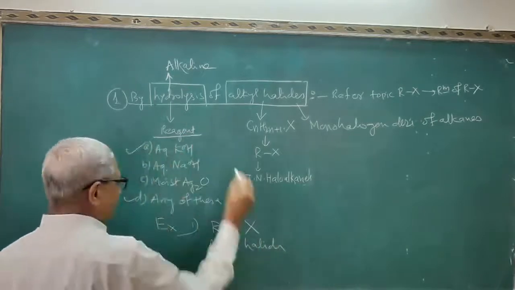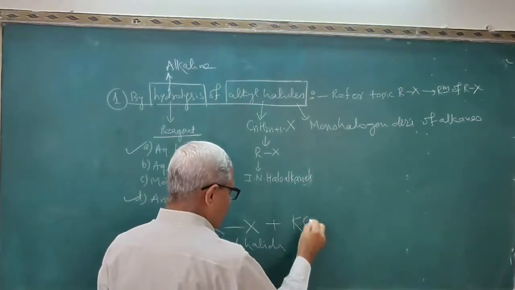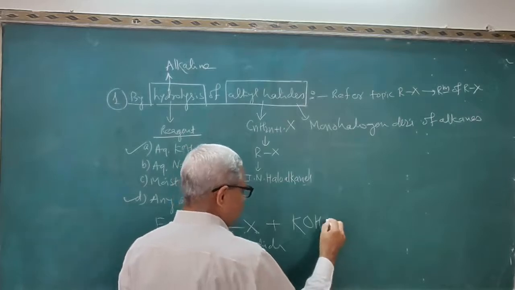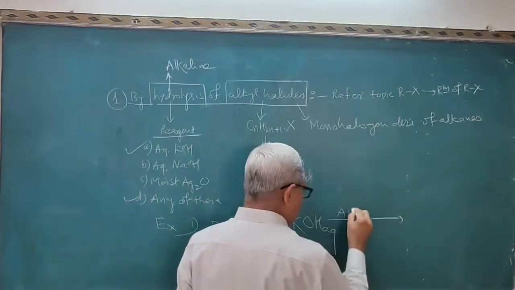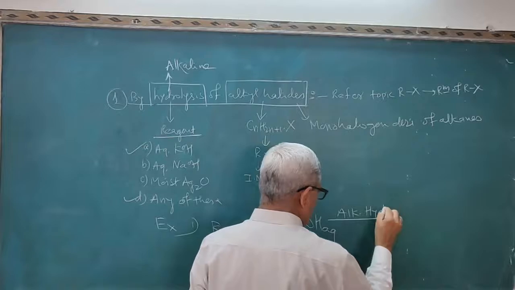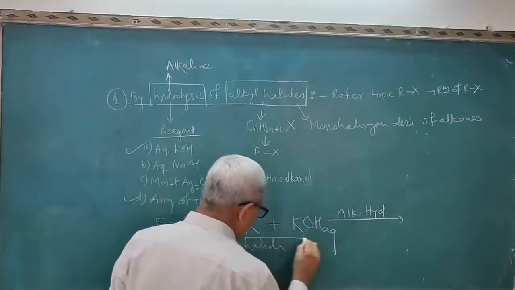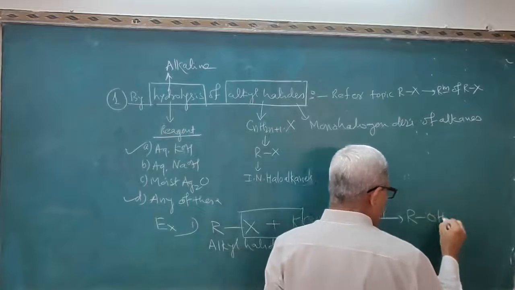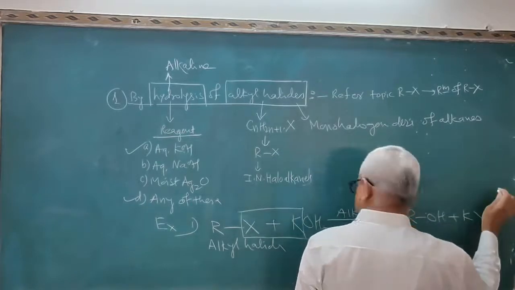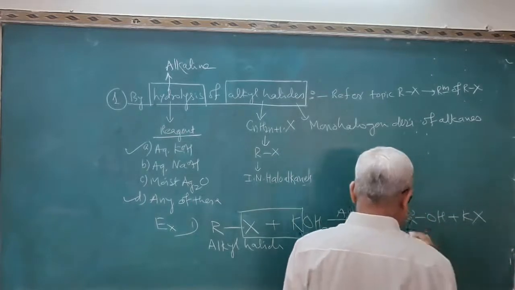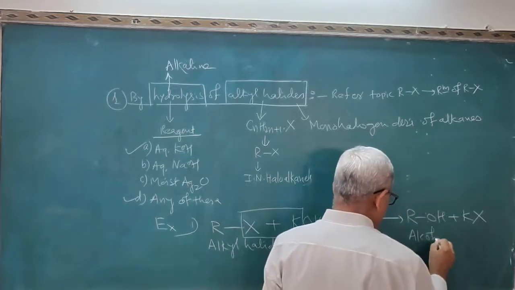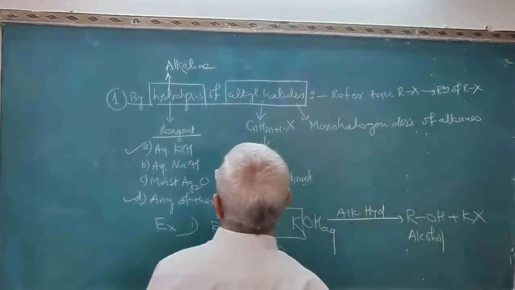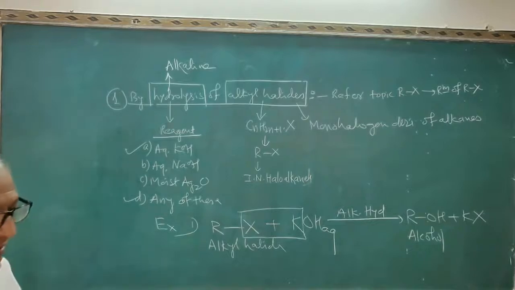We will select the first reagent, aqueous KOH. This is an alkaline hydrolysis reaction. You can easily remove KX from this one. So what will you get here? ROH plus KX, and this is the formula for alcohol. And this is your title, preparation of alcohol in this way.